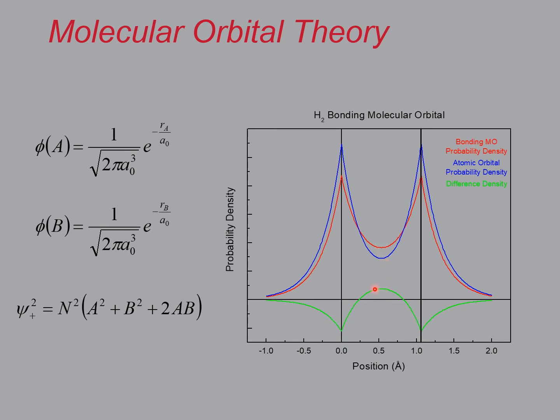And the green line here is the difference between the red line and the blue line. So when the green line is above this 0 line, that means there's more electron density at that position than there is when these electrons are not interacting with the other nucleus.